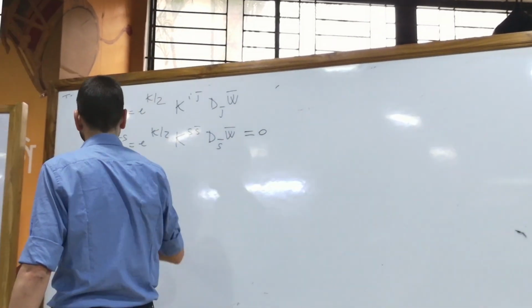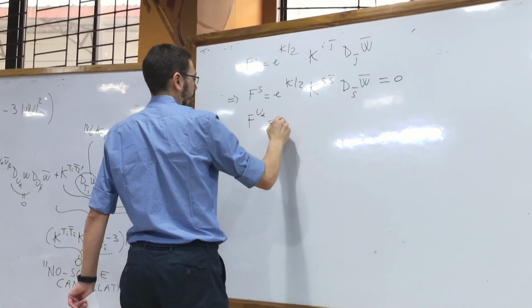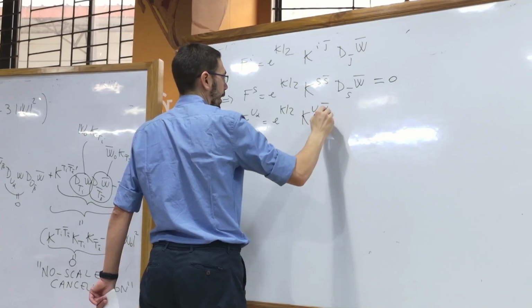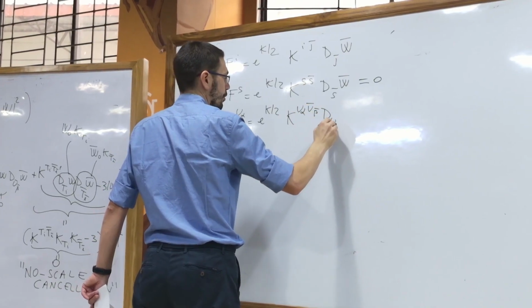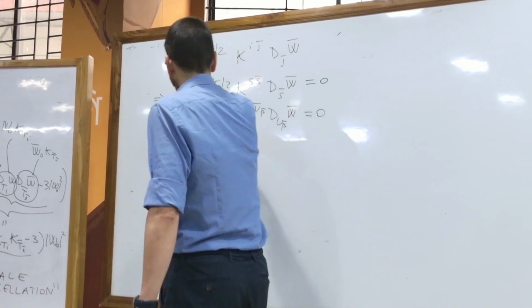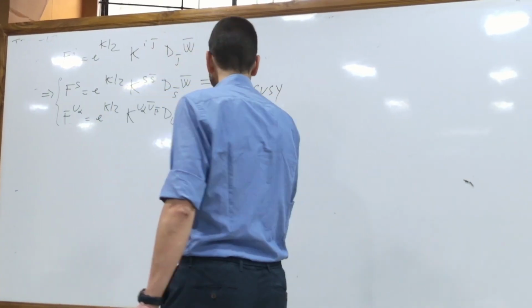So that's a supersymmetric solution. But the same is true for U, right? Because now I will have some K^{U_\alpha \bar{U}_\beta} D_{\bar{U}} \bar{w}. This is equal to 0. So this is supersymmetric.